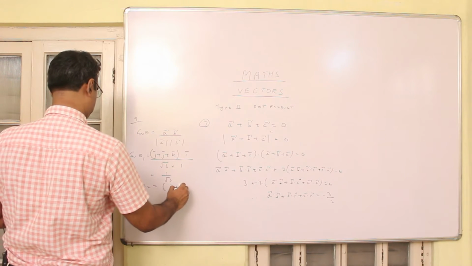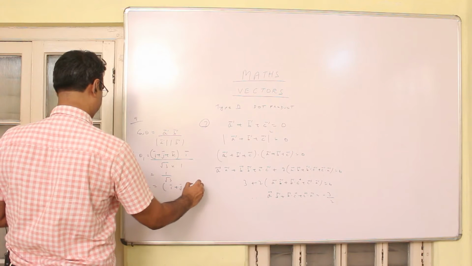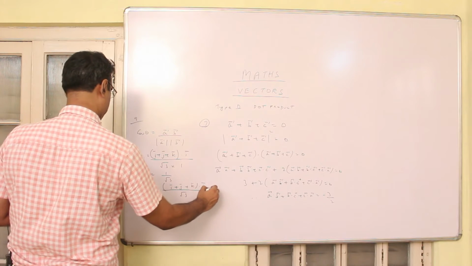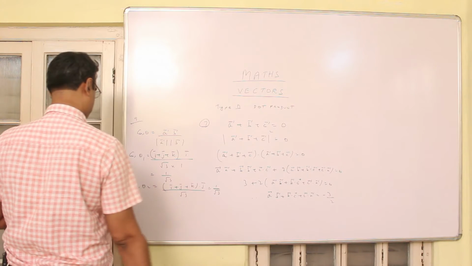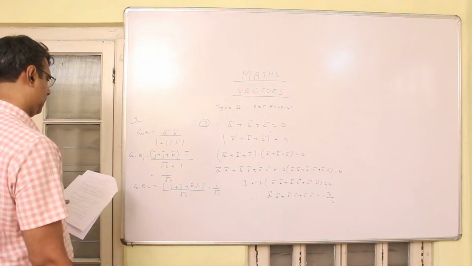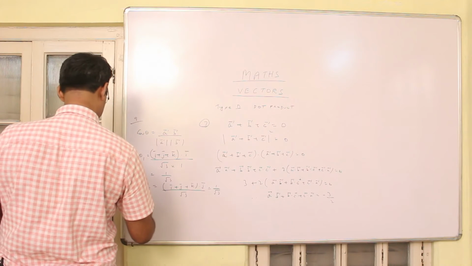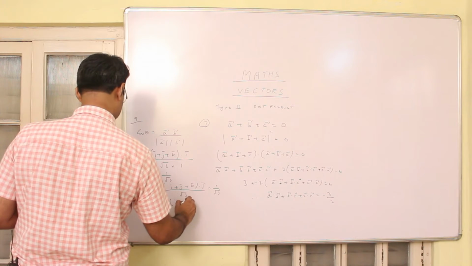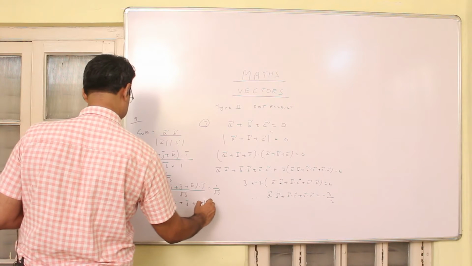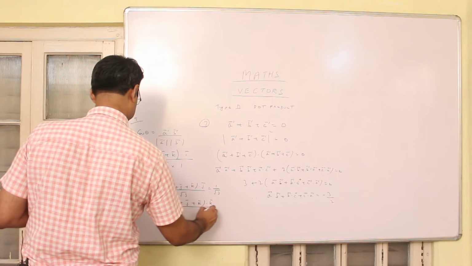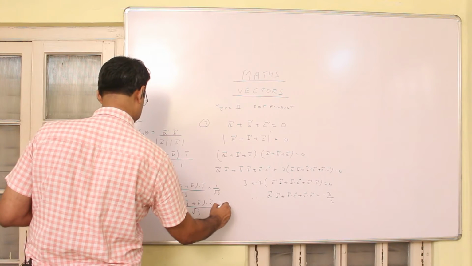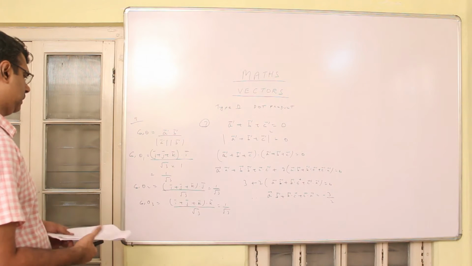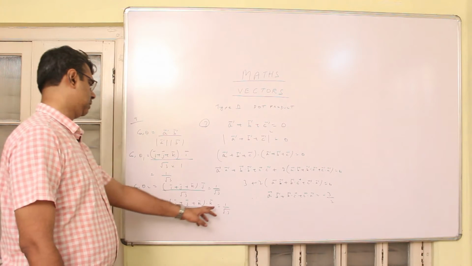Cos theta 2 is coming I plus J plus K dot J by root 3, so 1 by root 3. And cos theta 3 is coming I plus J plus K dot K by root 3, so that is 1 by root 3.